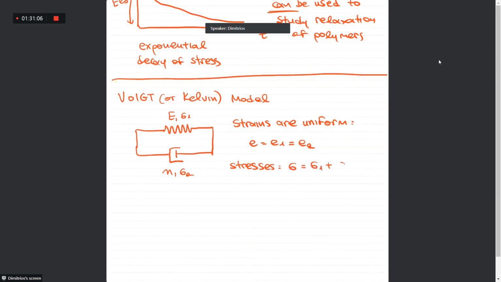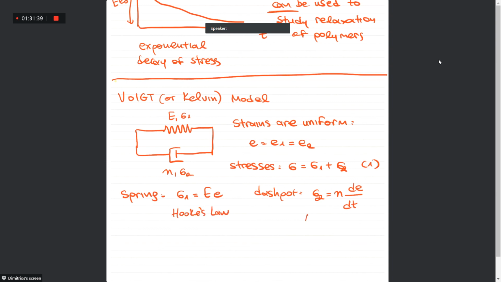We already know from the spring that sigma 1 equals E times epsilon, and for the dashpot, sigma 2 equals eta d epsilon over dt, from Newton's law. This is Hooke's law. This is Newton's law.